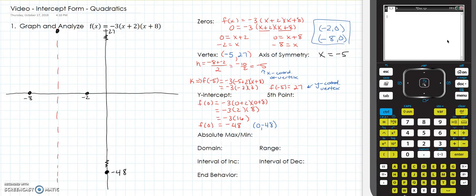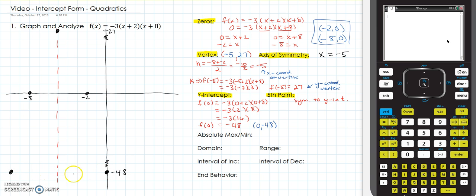And now we're looking for a fifth point. So here's all of our information. To find the fifth point, I am going to look at the symmetric point to the y-intercept. If I'm down here at the y-intercept at -48, in order to get back to the axis of symmetry, it's 1, 2, 3, 4, 5 over.